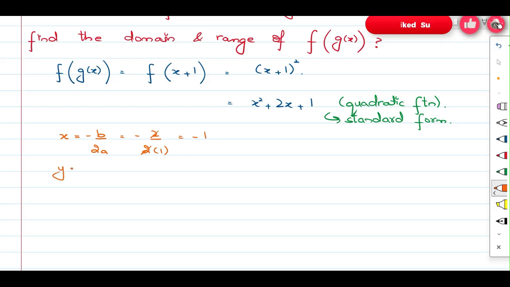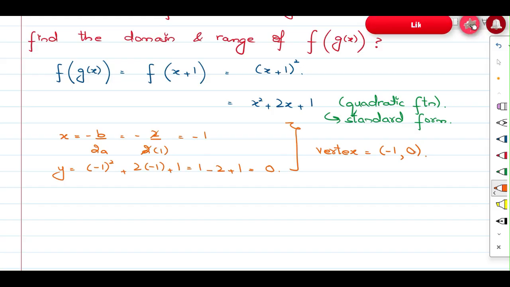To get the y coordinate of the vertex, plug this -1 into the equation: (-1)² + 2(-1) + 1, which is 1 - 2 + 1, equal to 0. So the vertex has x coordinate -1 and y coordinate 0.